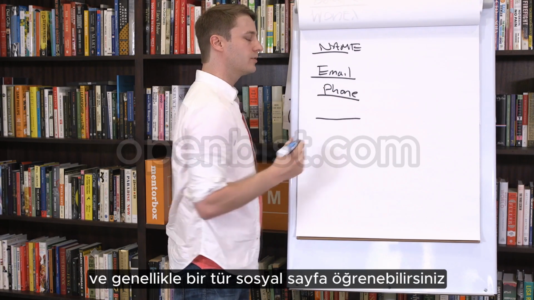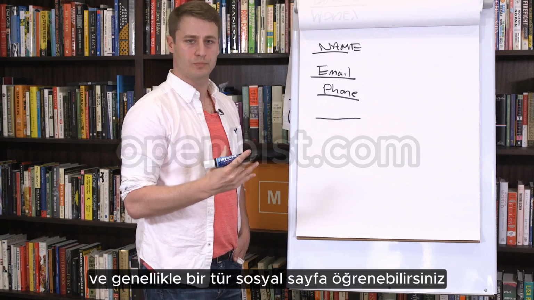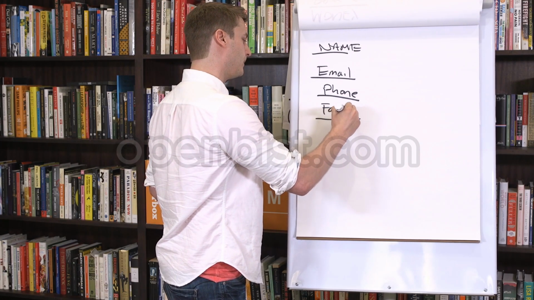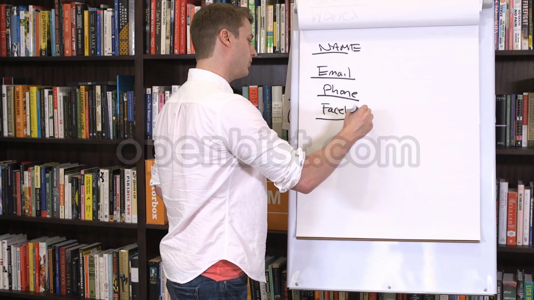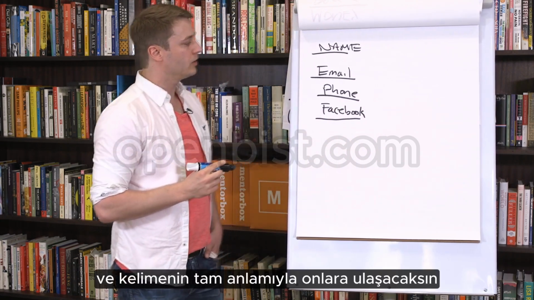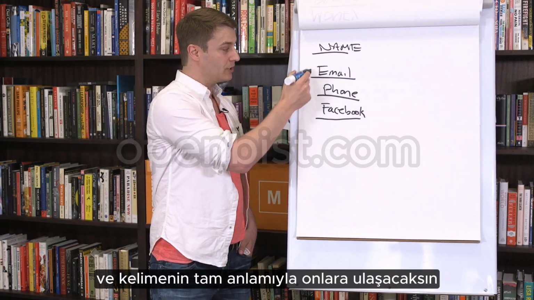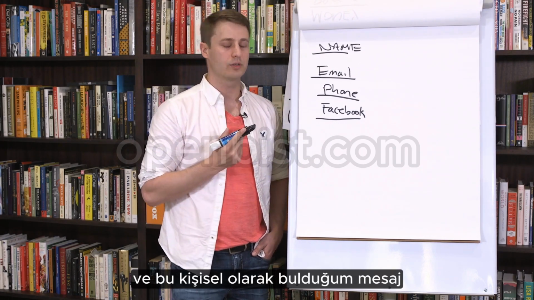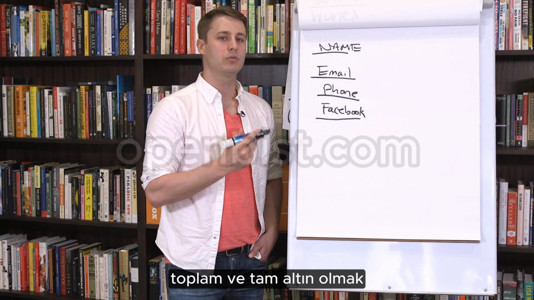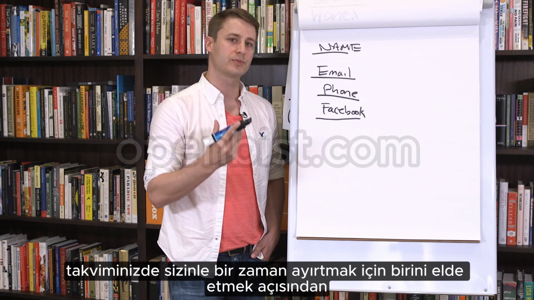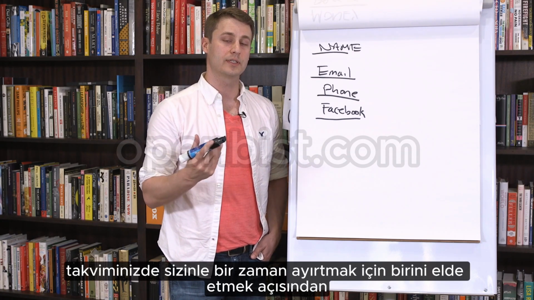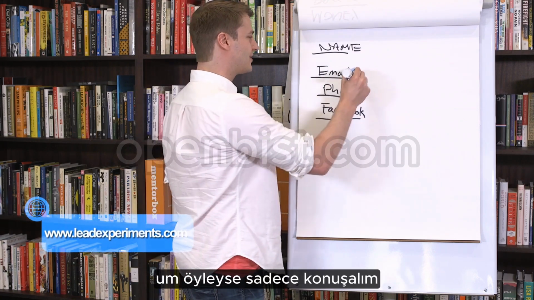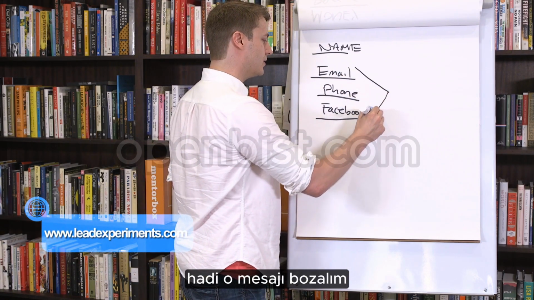And usually you can find out some sort of social page, whether it's a Facebook page or a Twitter handle. And you're going to just literally reach out to them, and this is the message that I have personally found to be total and complete gold in terms of getting somebody to book a time with you on your calendar. And so let's just break down that message.